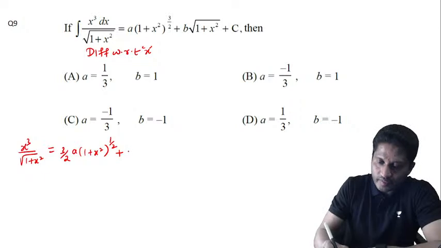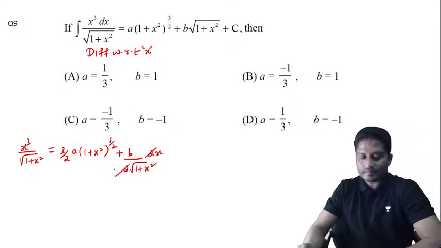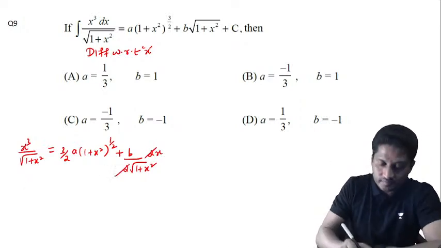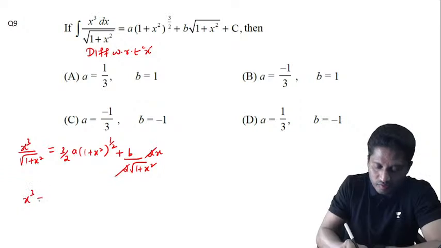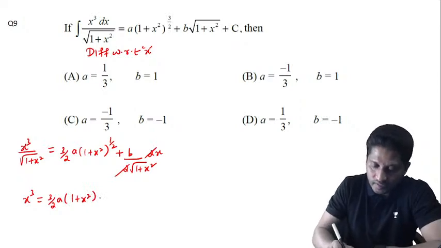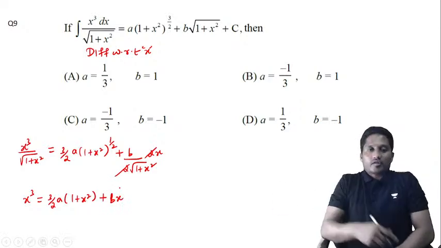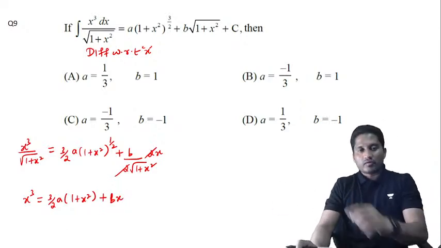And root x is 1 by 2 root x, 1 by 2 into root of 1 plus x square, and differentiation of x square is 2x. This fellow will cancel. If I cross multiply the root, you get 3 by 2 into a into 1 plus x square. Correct? Root into root will be 1 plus x square plus bx. Correct? That root and root cancels if I cross multiply, or you multiply throughout by root of 1 plus x square.